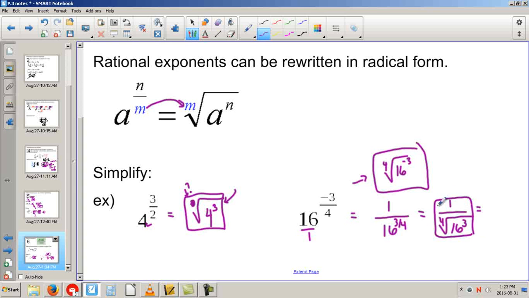And so if we look at this 1 over 4th root of 16 cubed, I could also write it as 1 over the 4th root of 16, cubed. I could put the cube on the outside. It's interchangeable. Well, the 4th root of 16, if I checked in my calculator, turns out to be 2. 2 to the 3rd power is 8. This really reduces to 1 over 8.